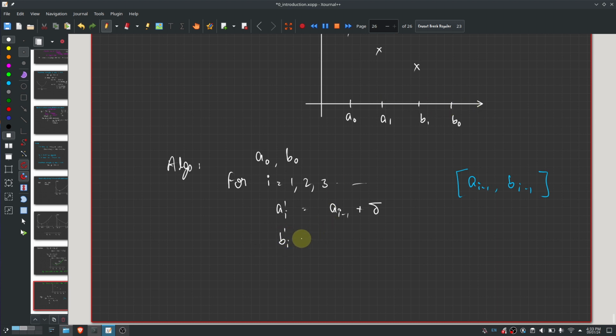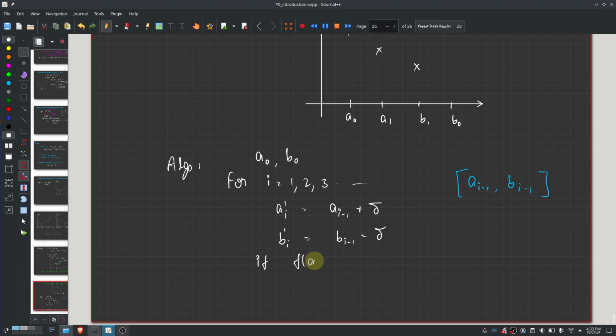And my B_i' is B_{i-1} minus delta. And now I just evaluate the function at these points, f of A_i', f of B_i', f of A_{i-1} and f of B_{i-1}.